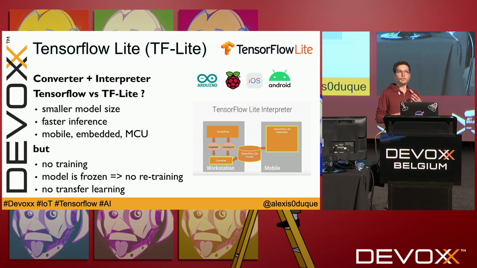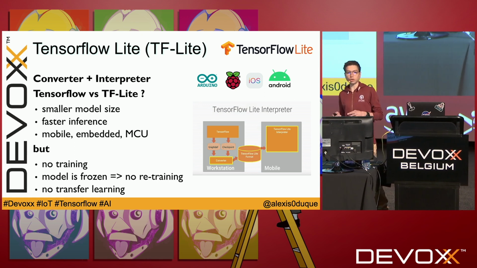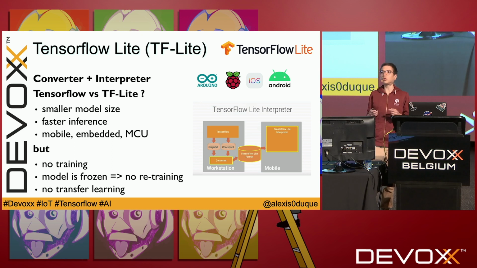You can do faster inference, and it mainly targets different platforms with different architectures. But with TensorFlow Lite, you can't do training. You can't train your model with TensorFlow Lite. When you convert your model, it's frozen. You can do retraining, and you can do transfer learning.